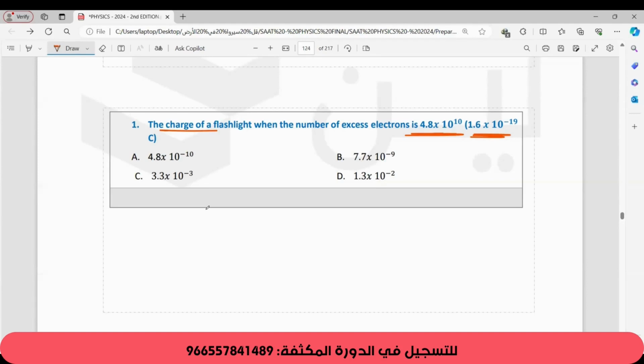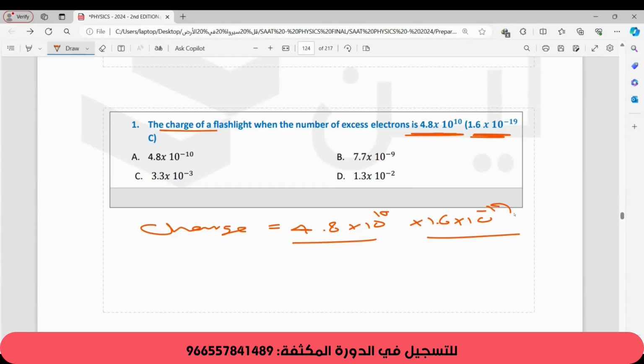Very simple: the charge equals the total number of electrons, 4.8 times 10 to the power 10, times 1.6 times 10 to the power minus 19. This is the number of excess electrons, and this is the charge of one electron. So we multiply the charge of one electron by the number of electrons to get the total charge.